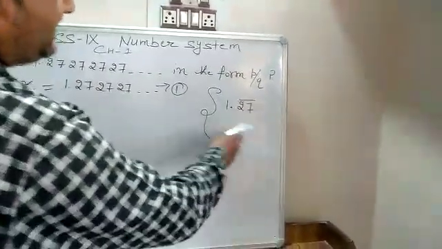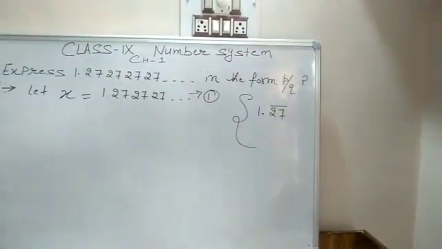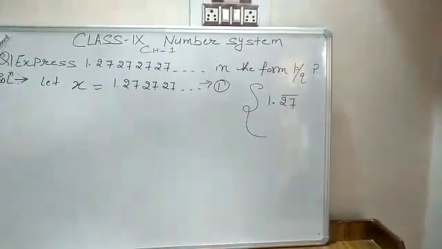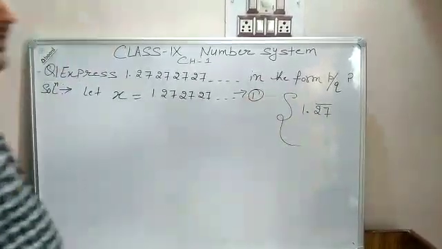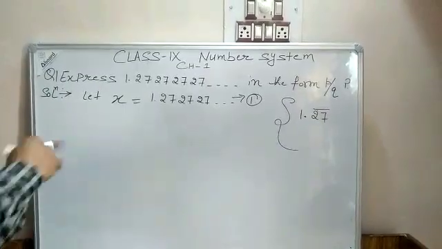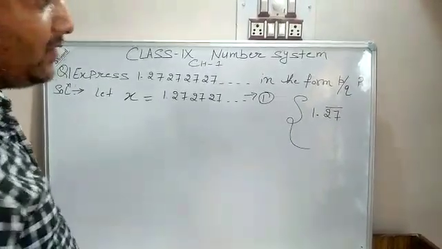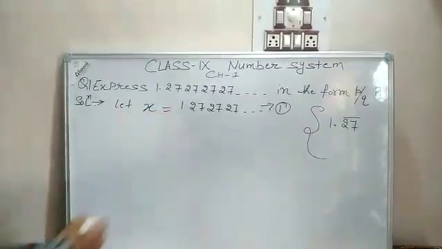So we can write this as 1.27 bar. This number is a non-terminating repeating decimal, which we already learned about in the previous video.